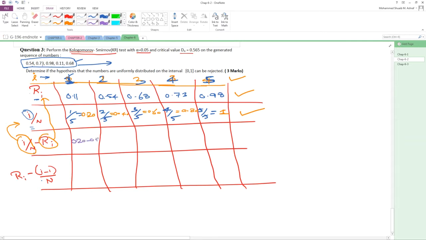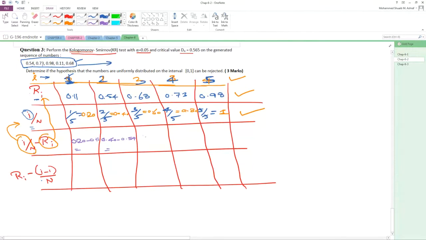0.20 minus 0.11. Next box: 0.40 minus 0.54.